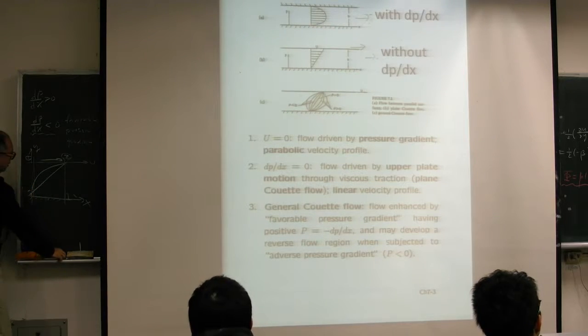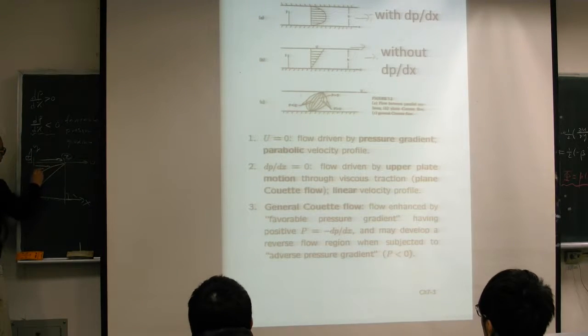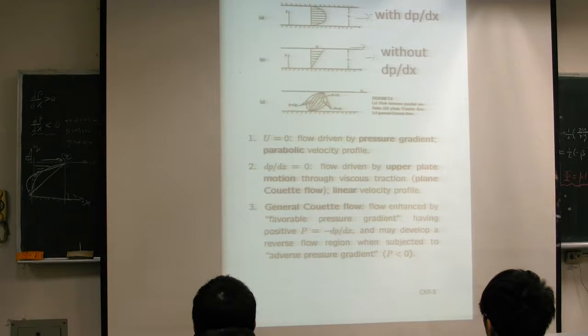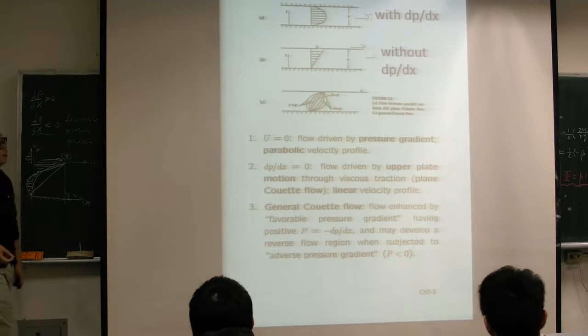What I mean is, we have a velocity field for a certain pressure gradient, and for this case we have this velocity. But sometimes we have this: some part of the flow is forward, part of the flow is reverse, depending on how strong your pressure gradient is.